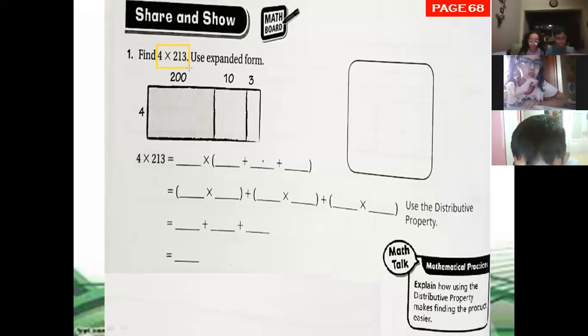We already learned to read and write numbers, yes or not? Now we are using, Lauren and Sophia, expanded form. What does expanded form mean? That I'm going to break apart this number that you see over there.